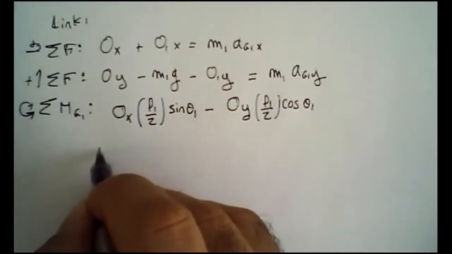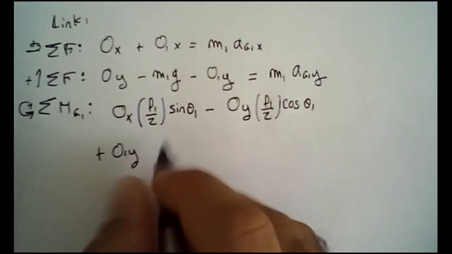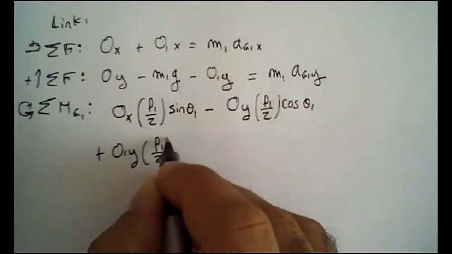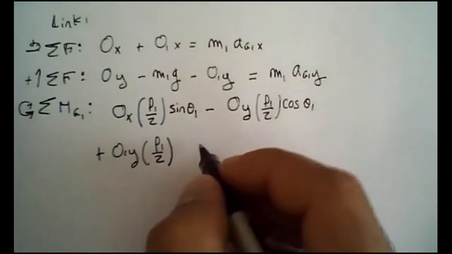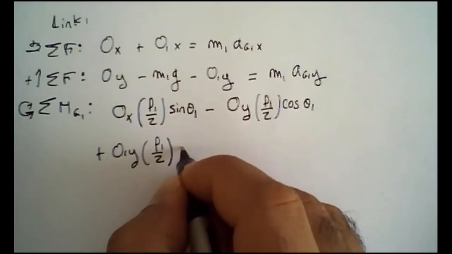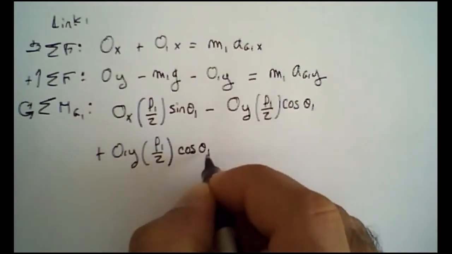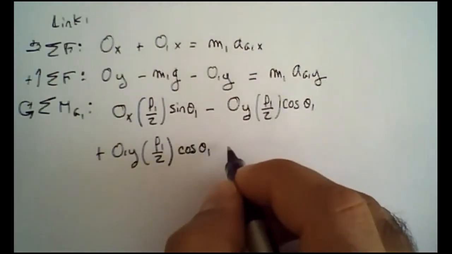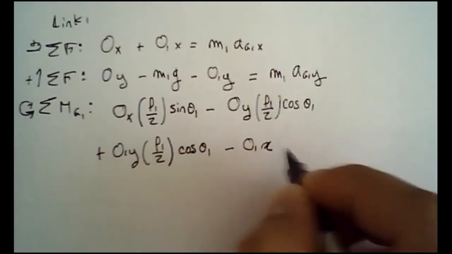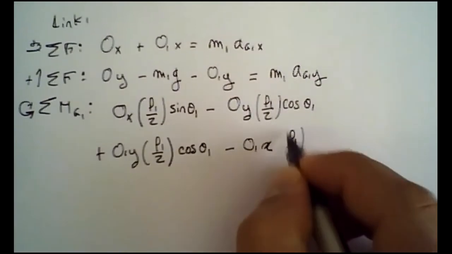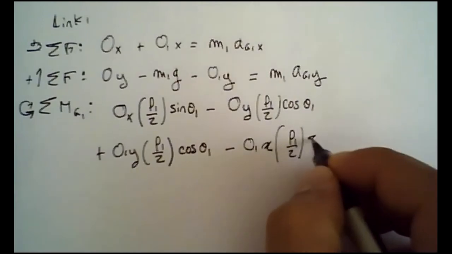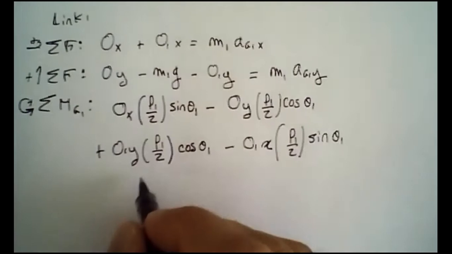Now O1Y is in a positive direction, L1 over 2 multiplied by cosine theta 1, and O1X will be in the opposite direction, minus O1X multiplied by L1 over 2 times sine theta 1, plus we have the torques.